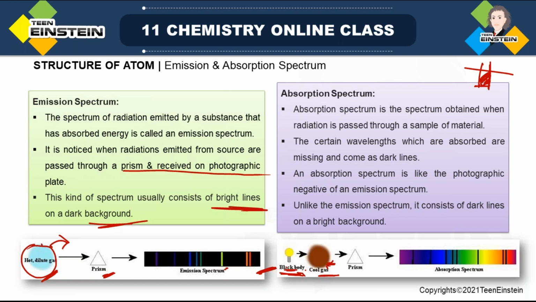So first, from this black body you are getting all the wavelengths, then some wavelengths are missing because they are absorbed by this gas, and then when it is going through the prism, finally the spectrum will have this type of nature. So it is just like a photographic negative of an emission spectrum, right? So now you are getting some dark lines. So these are the missing wavelengths. Dark lines on a bright background. This is the difference between emission and absorption.